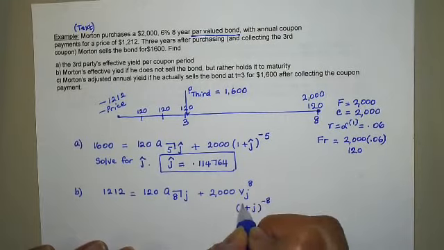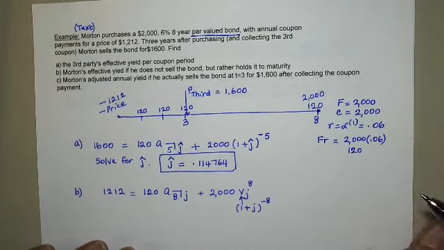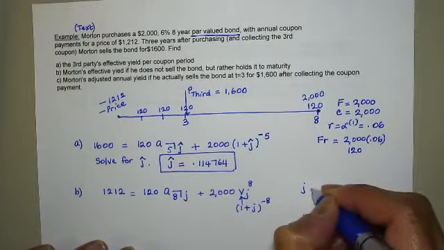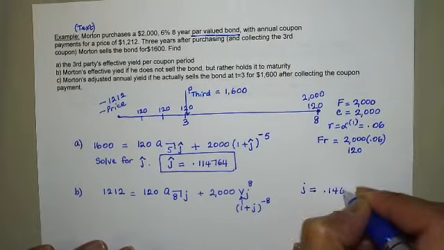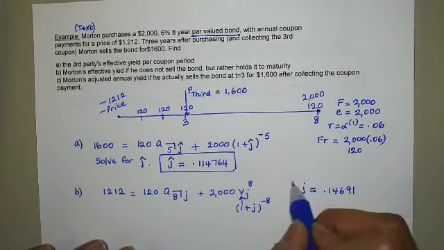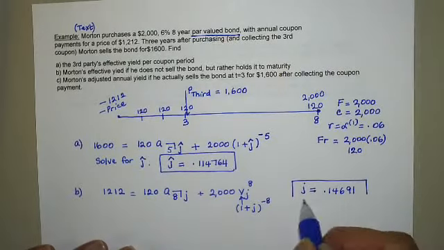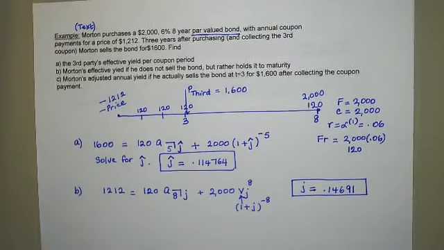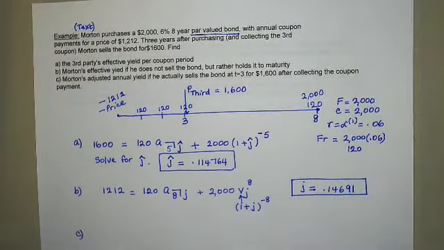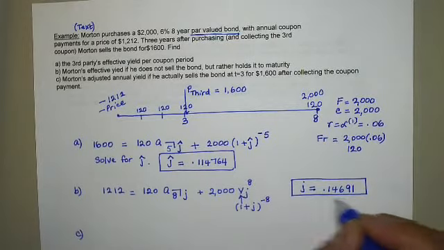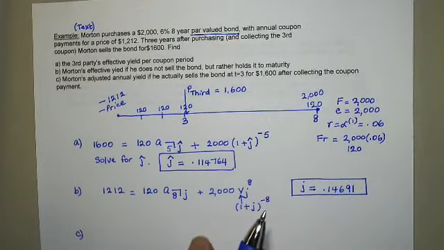Equals 120 A angle 8 at J plus 2,000 is the redemption, times v^J to the 8, where v^J is 1 plus J to the minus 1. Solve for J. This gives me J equals 0.14691.